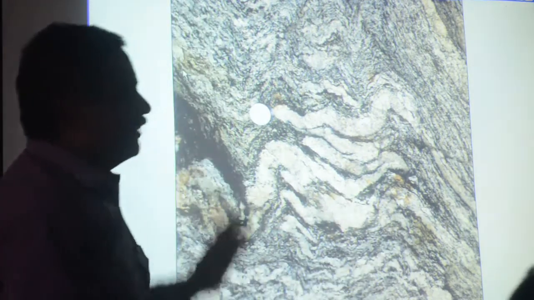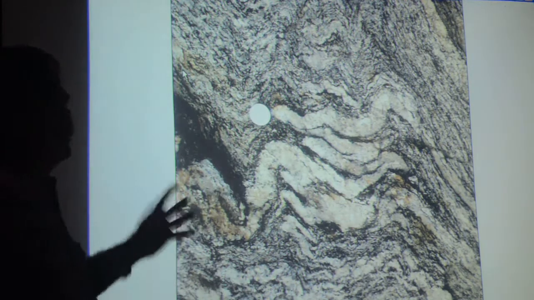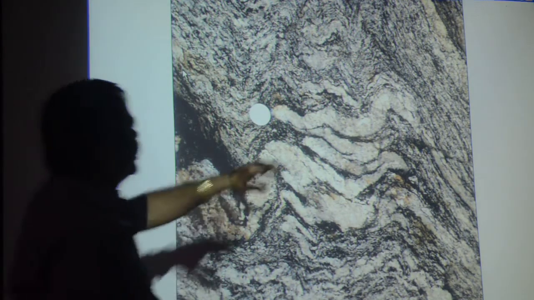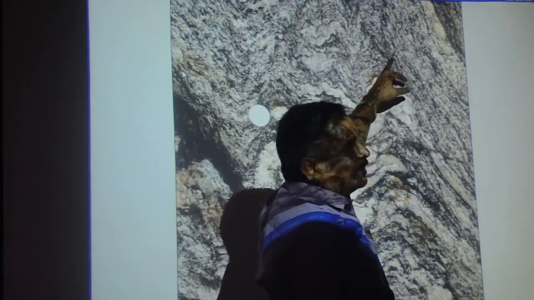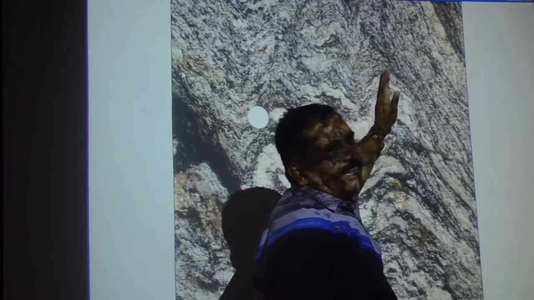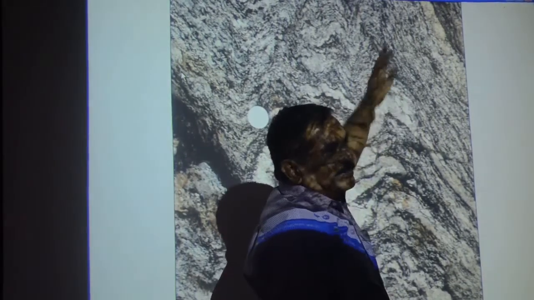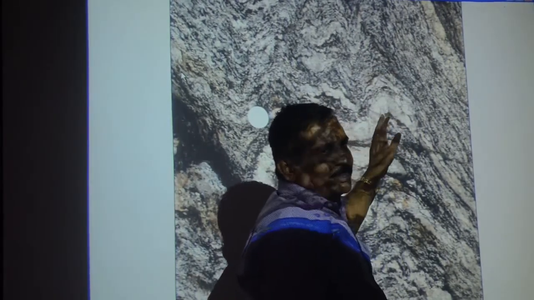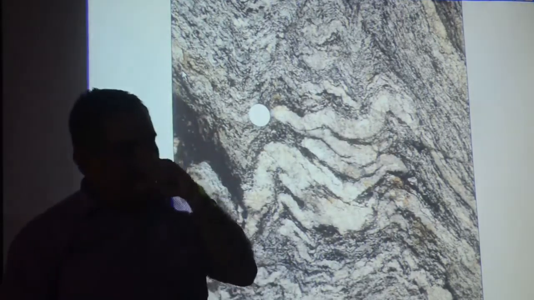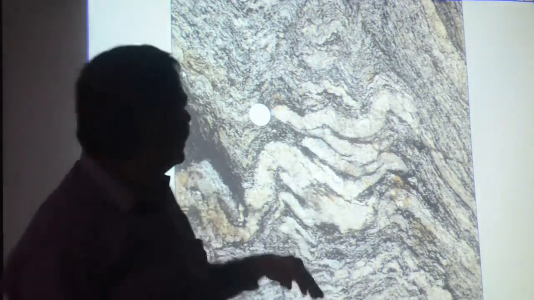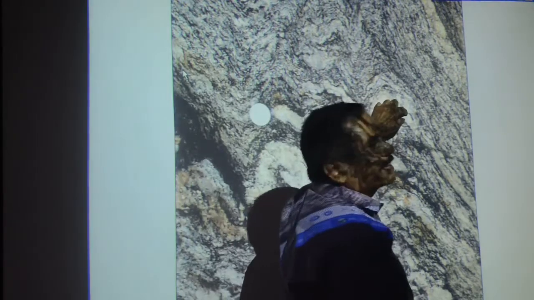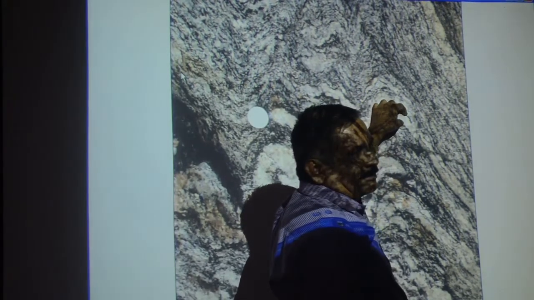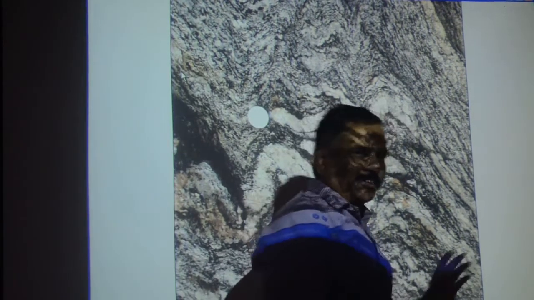Suppose you see a photograph like this, immediately you see which is the schistosity plane. This is the schistosity plane. So this is folded. That means this is an F2 fold. Which is an F1 fold? You see a fold where this schistosity plane will be parallel to its axial plane. Understood this part?